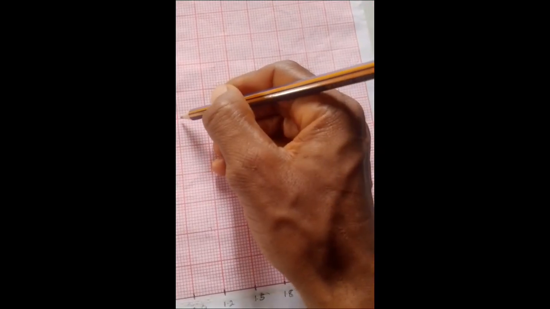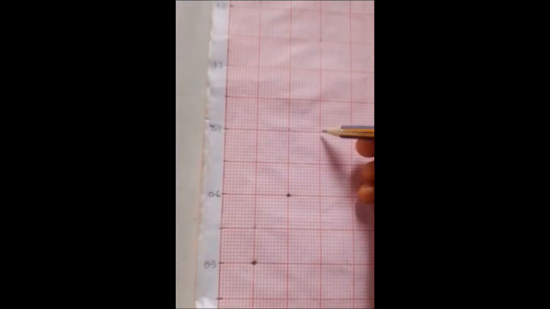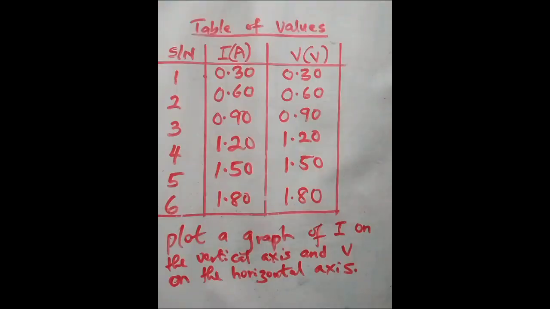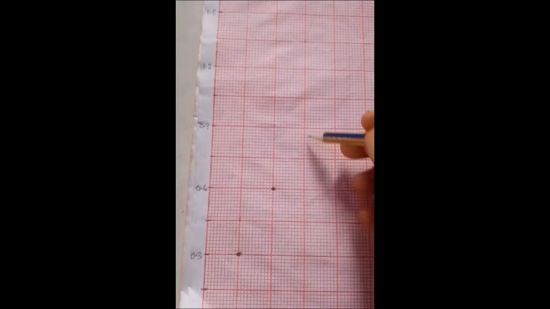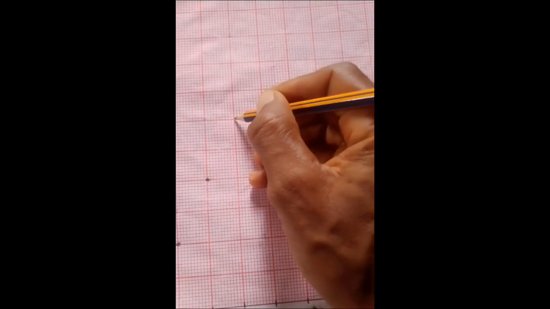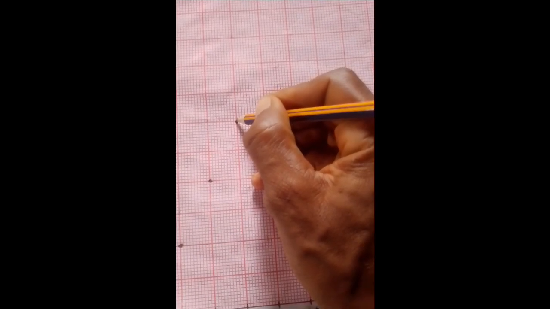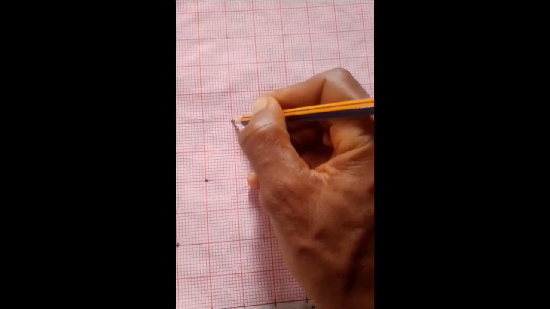When the current is 0.9, you can see from our table, the voltage is also 0.9. So you locate the point very neatly. Look at it. Here the point means 0.9 meeting 0.9. I think this is a very simple one.